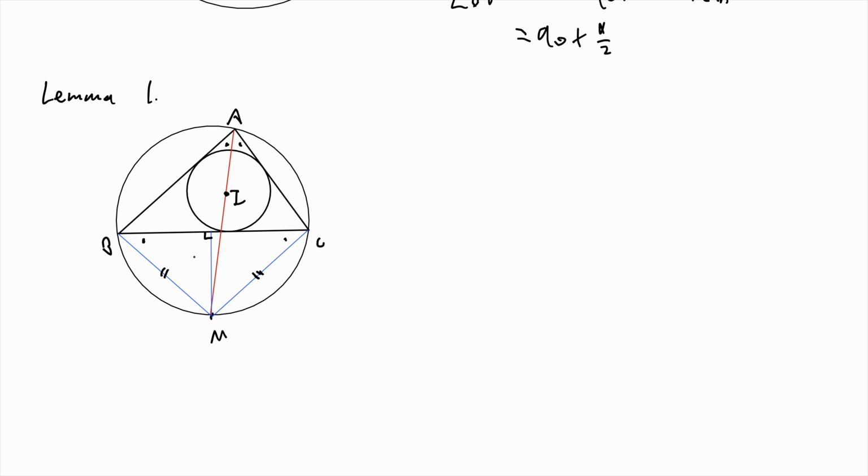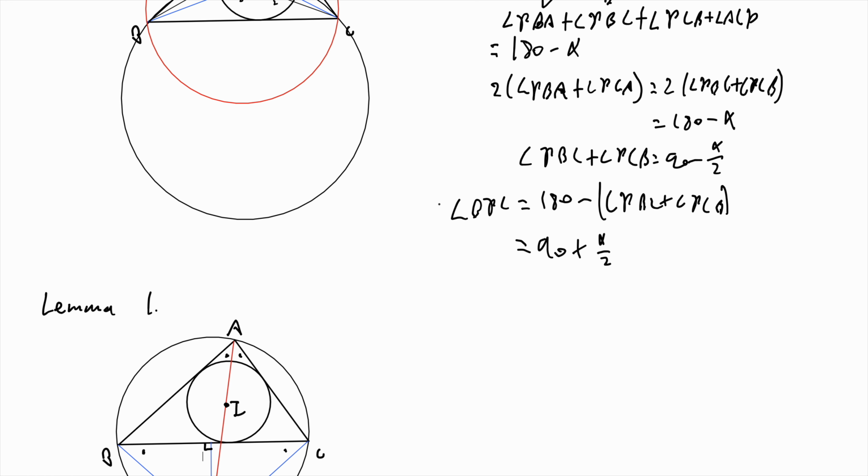Then these triangles are congruent to each other. Therefore, we can just complete it by saying that BM equals MC, same chord length, same arc length. Yeah, we can do that. So that's the lemma.